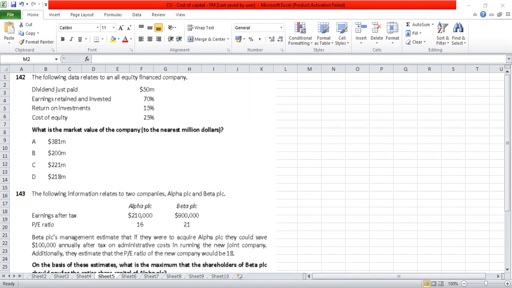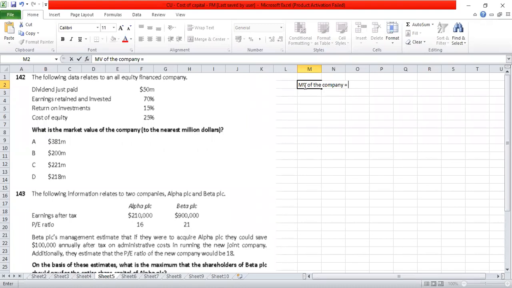Based on the dividend growth model, market value of the company. Because we see that the information about dividend, the retained earnings, the cost of equity, and the return on investment is given, we have to adopt the dividend growth model only.